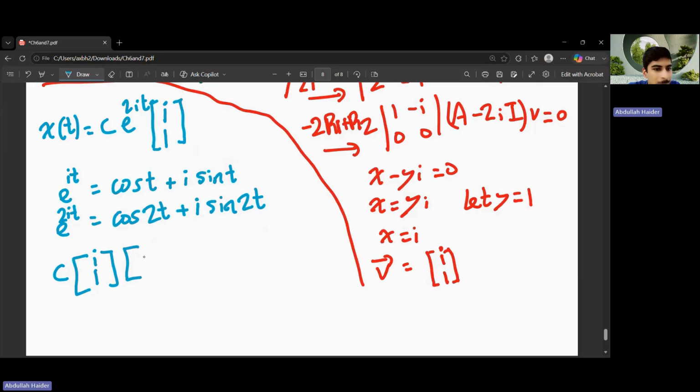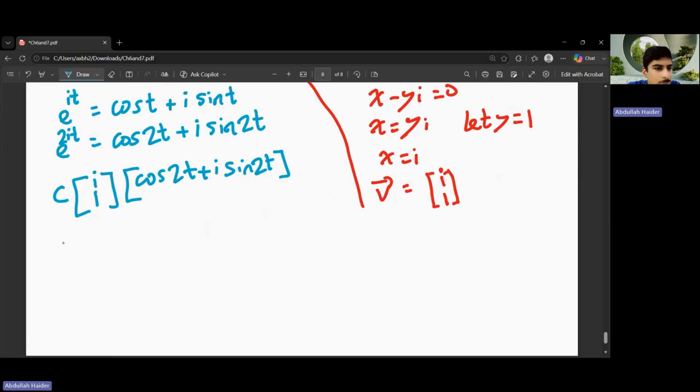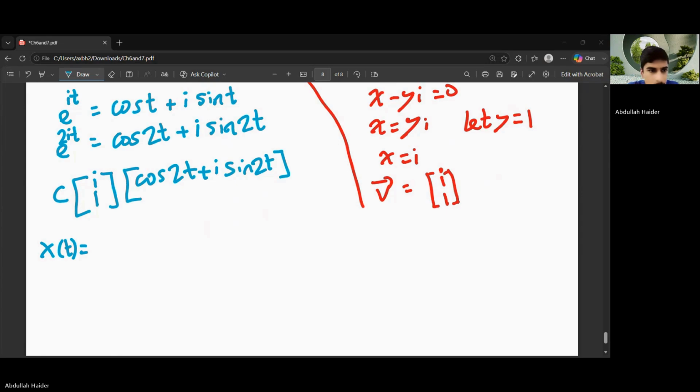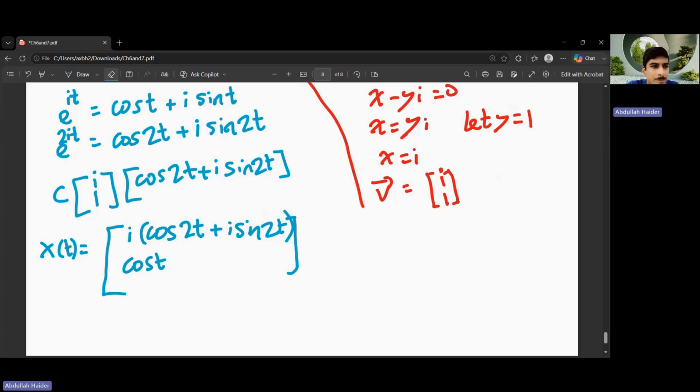You have to multiply this by cosine 2t plus i sine 2t. We're doing matrix multiplication here.